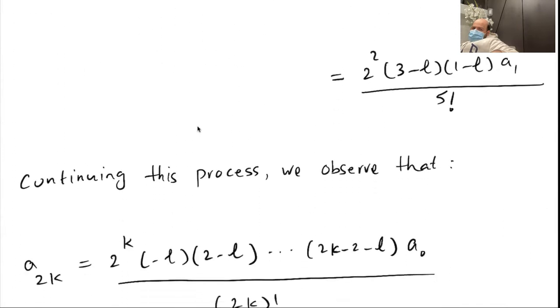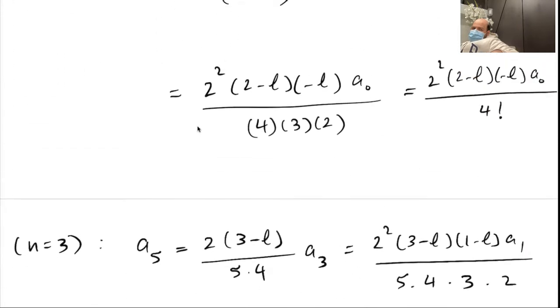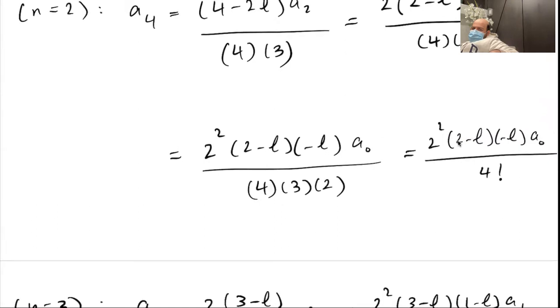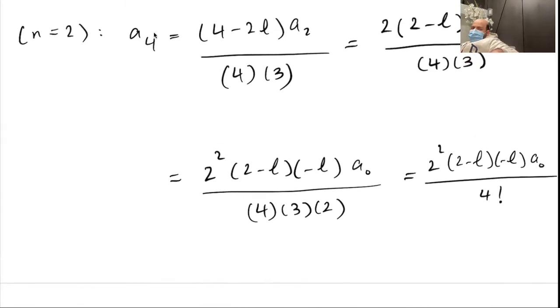you will see that for A6, the last number here that would appear would be 4 minus L. And 4 is not half of 6, it's instead 6 minus 2, the even number before the number that appeared here. So what I'm saying is that here you can observe two 2s, one 2 here, one 2 here.